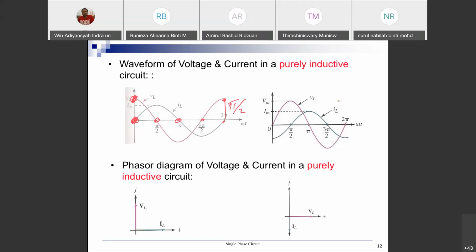This is how you draw the phases. The difference between V and I is 90 degrees, and V leads by 90 degrees.